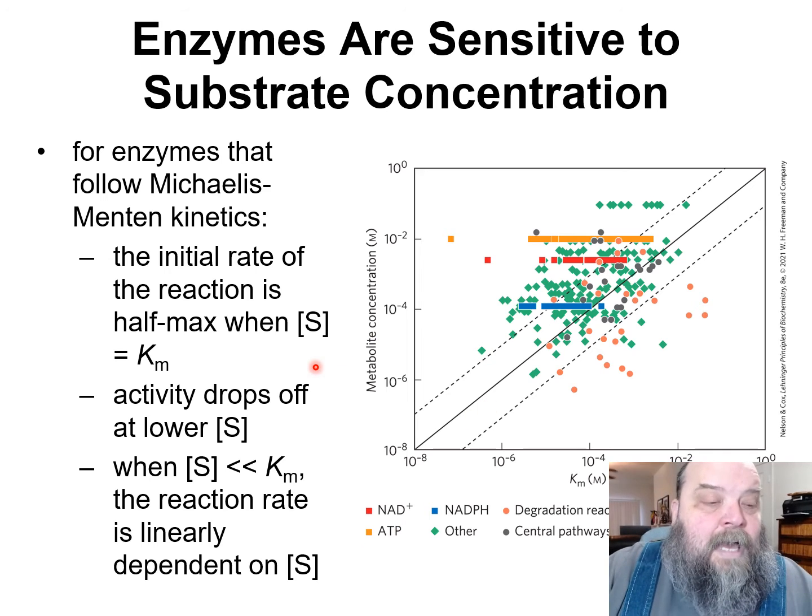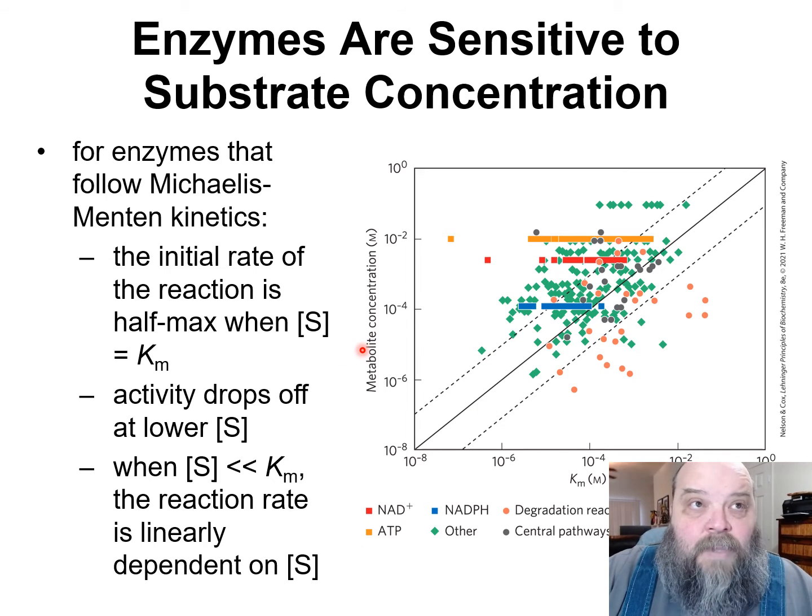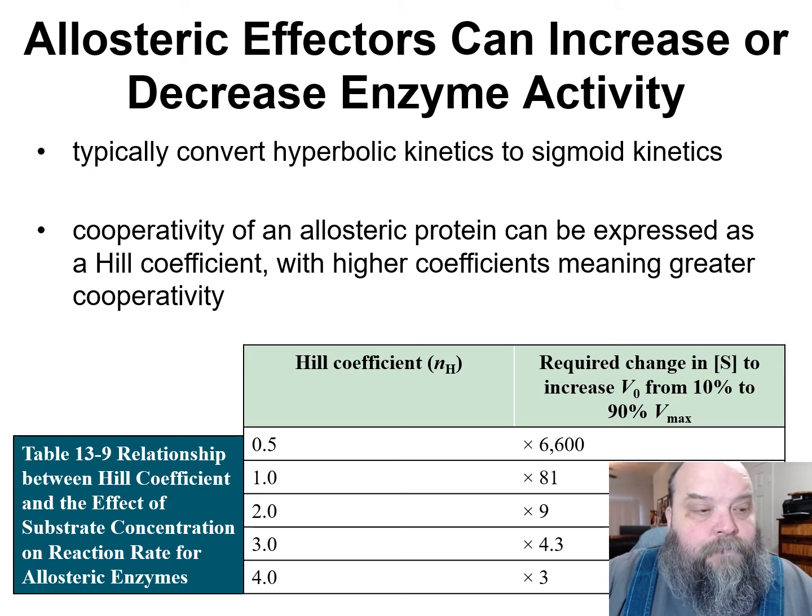So if we're at a constant enzyme, constant E, but our concentration of S is so low, well, now you can play around. You can vary things, and our rate will also be highly variable.